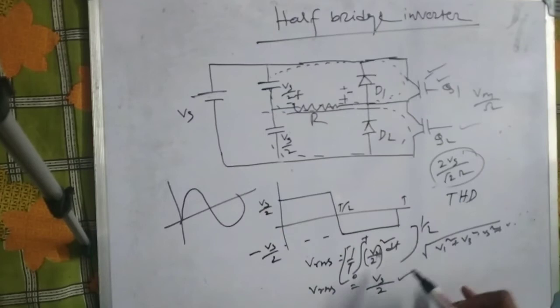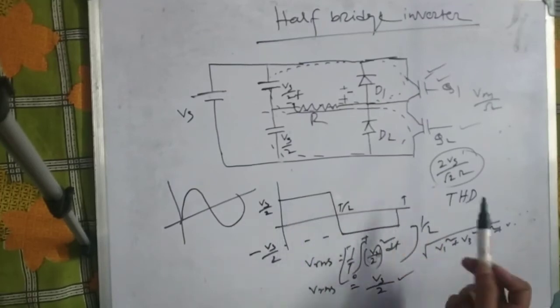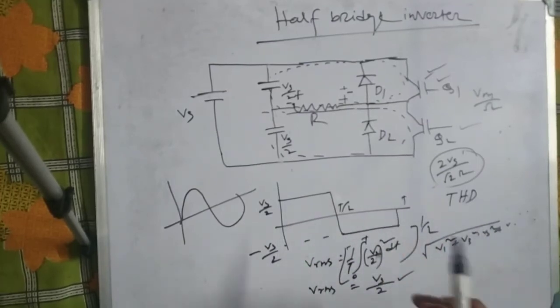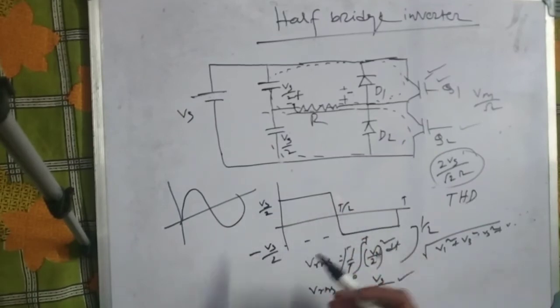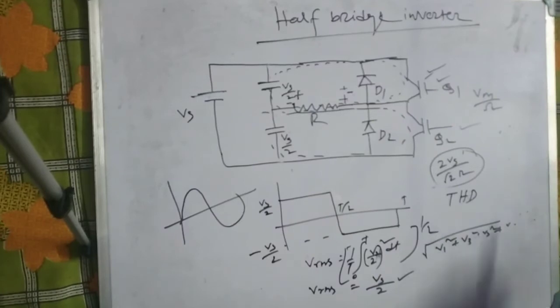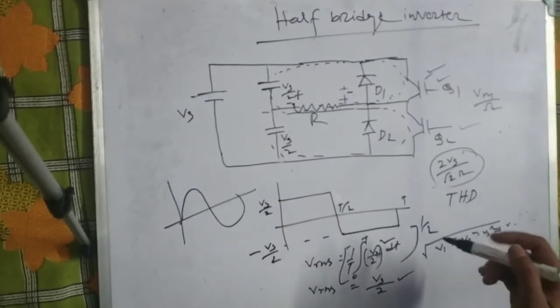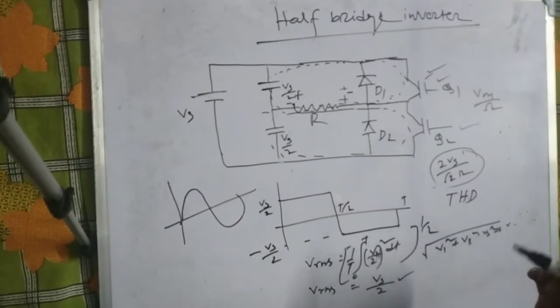Okay, from this inverter we are getting a square wave, where the first harmonic, third harmonic, fifth harmonic, many higher order harmonics will be there. We will be getting power from the first harmonic only, and the energy of the third, fifth, higher order harmonics will be dissipated as heat.